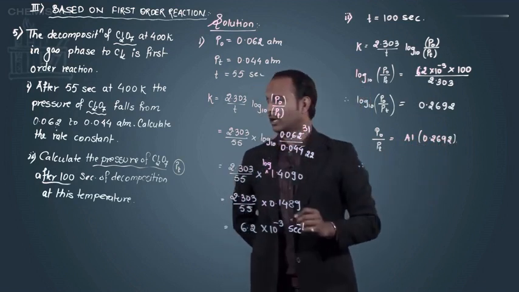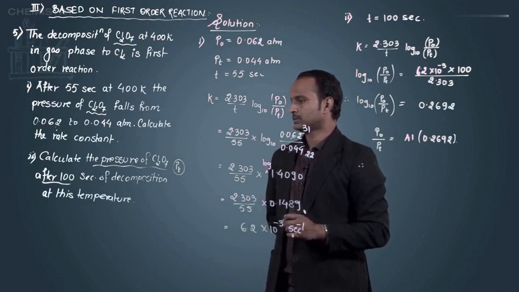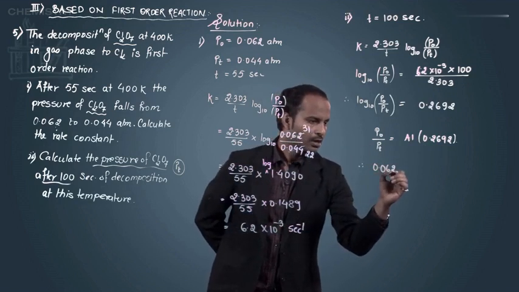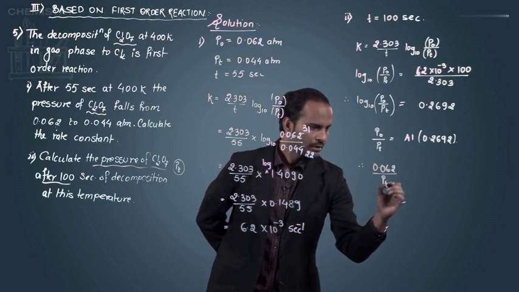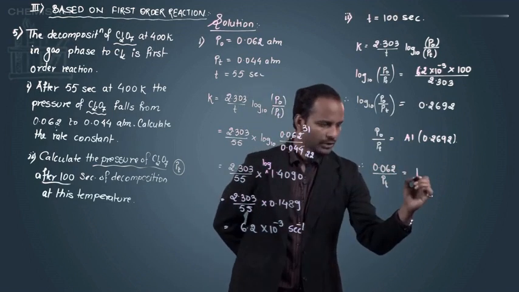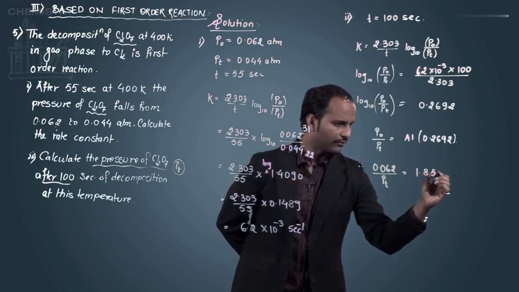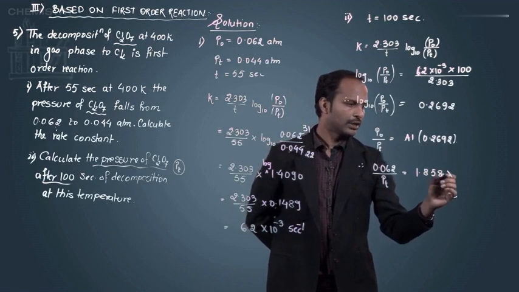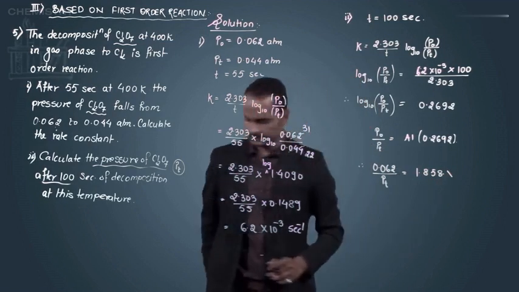Therefore, now the value of P naught is 0.062 upon PT, and the antilog of 0.2692 is 1.858.